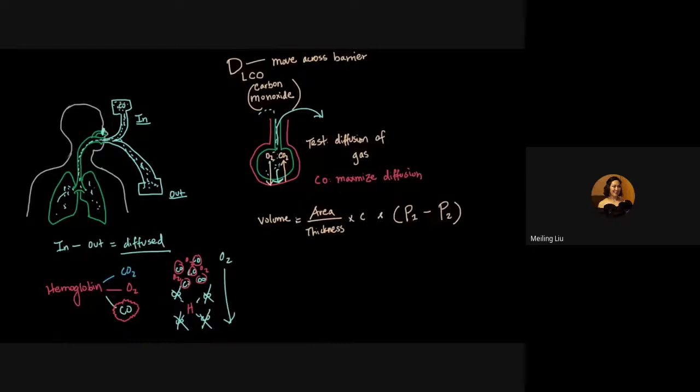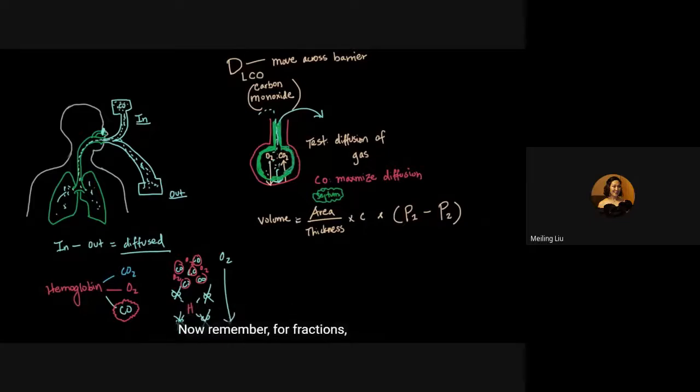Okay, let's tackle this one thing at a time. This first glob here, the area over thickness, that's really talking about the nature of the septum, the nature of the barrier that we have to move across. So in our case, assuming the blood vessels are okay, we're really looking at the membrane of the alveolus here. So the tissue of the lungs, what is the condition of that? For the gas to go through here, what is the surface area? What is the thickness?